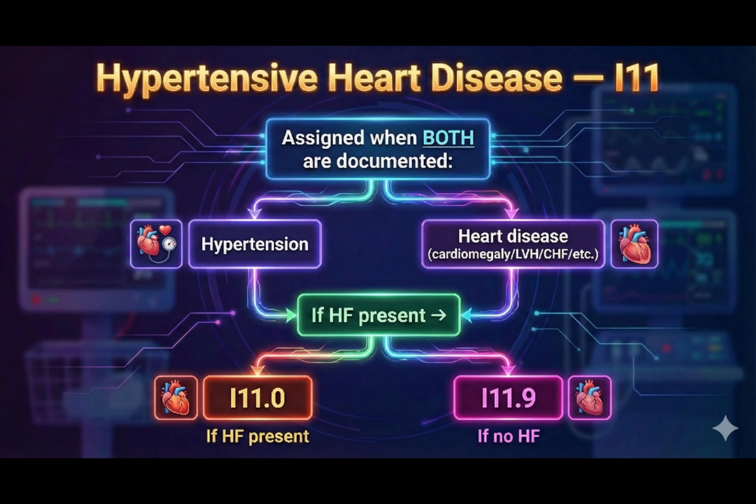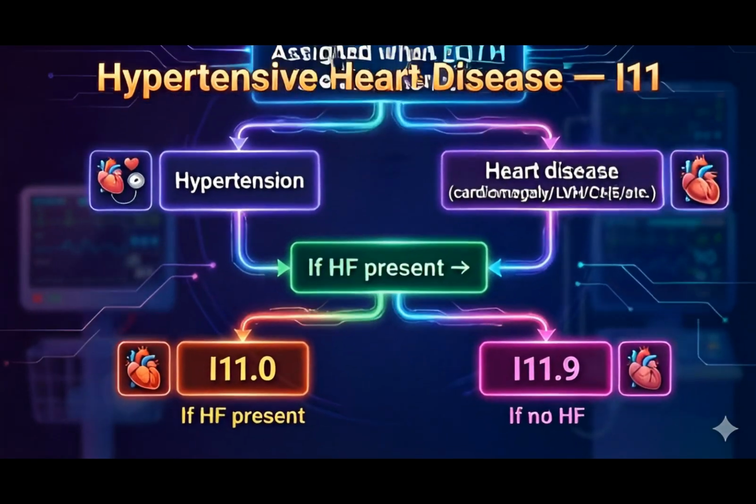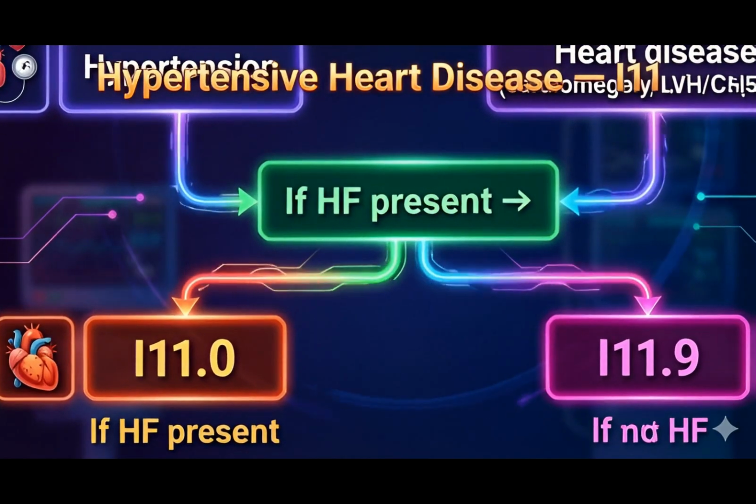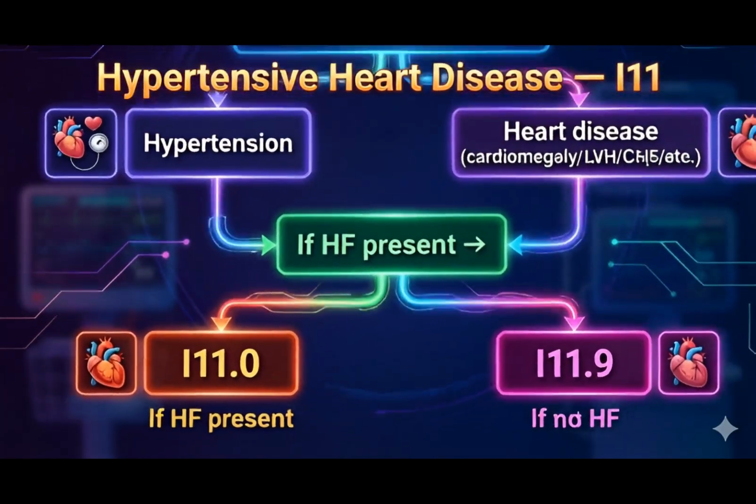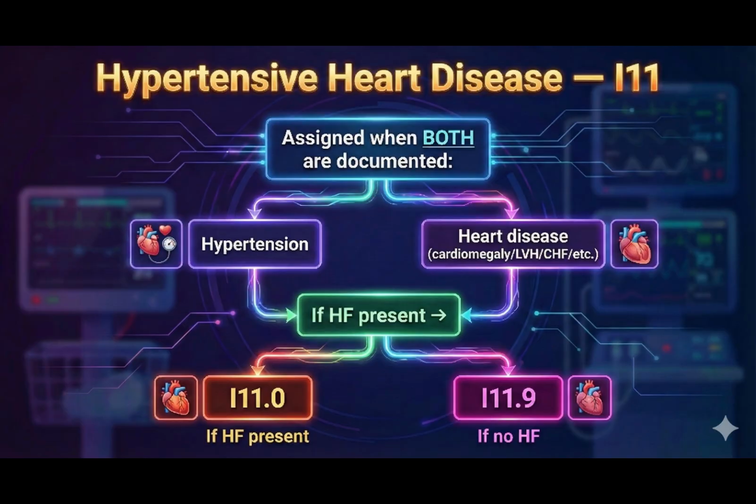Now, once both conditions are confirmed, the next step is to check whether heart failure is present. If heart failure is documented, whether it's systolic, diastolic, or combined, we assign I11.0, hypertensive heart disease with heart failure. In addition, remember to code the specific type of heart failure separately from the I50 category.